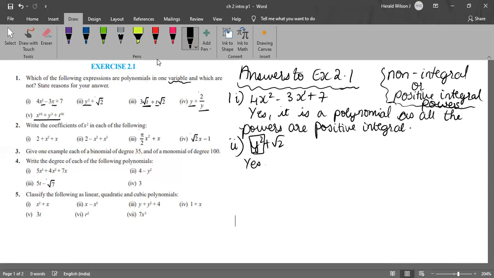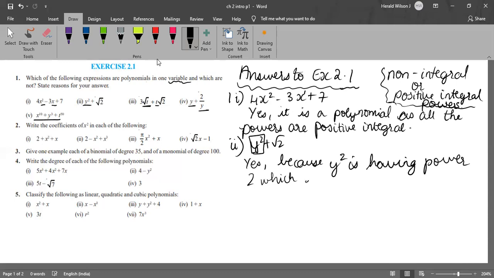So yes, because y square is having power 2, which is a whole number, thereby it is a polynomial. We are only looking at the variables. Okay, so that is the second part.